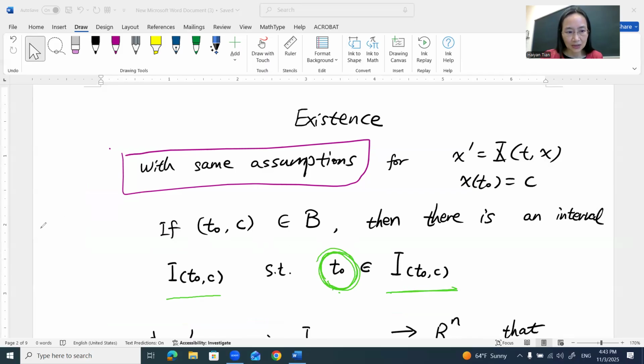So t naught belongs to this interval. And we want to say that for this problem, there is such an interval.